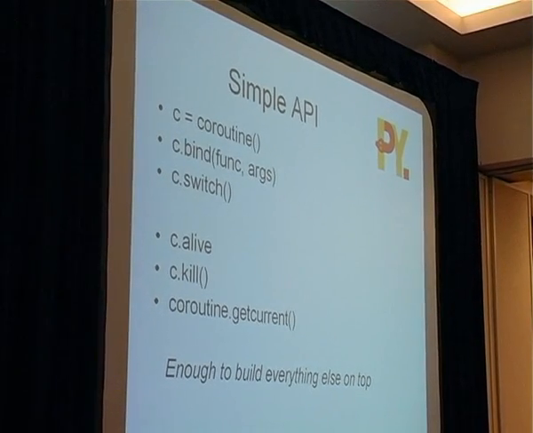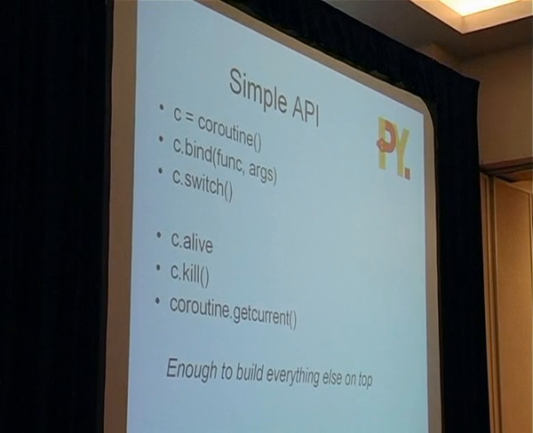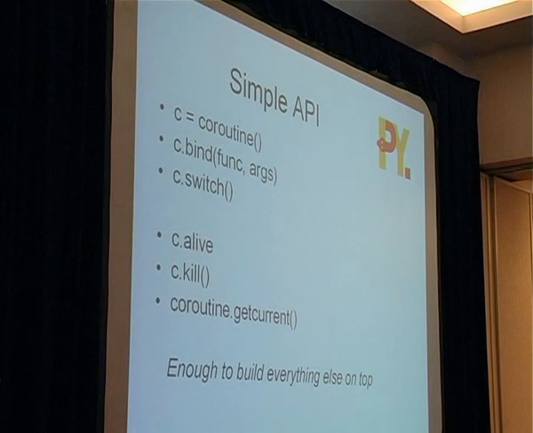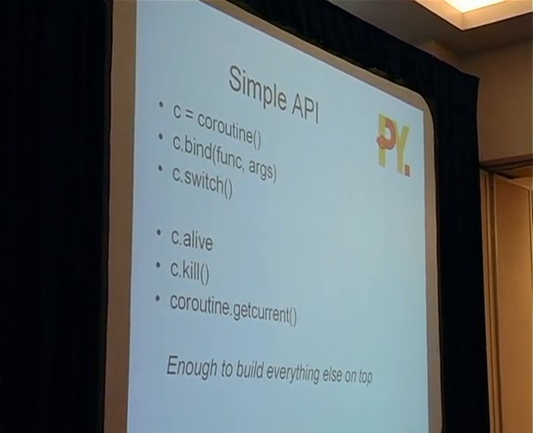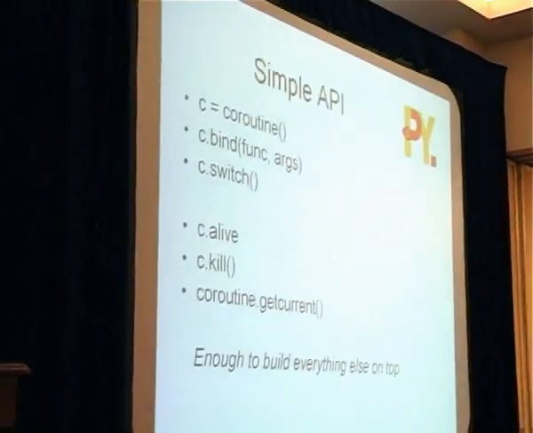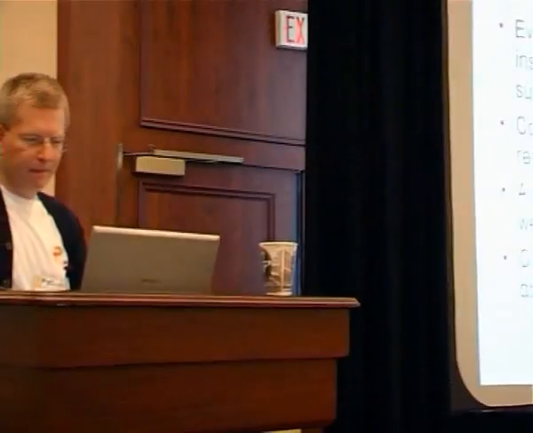Then there are some additions like checking whether the coroutine is still a valid switch target or if it has run out already. Then we can raise an exception into it and say we want to kill it. And we can ask the system to give us the current coroutine, which makes sense if you don't want to spell the specific target, but just find out what is actually running. So everything else can be put on top of that.